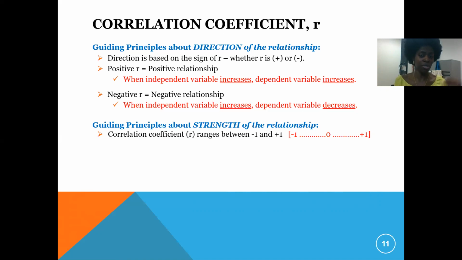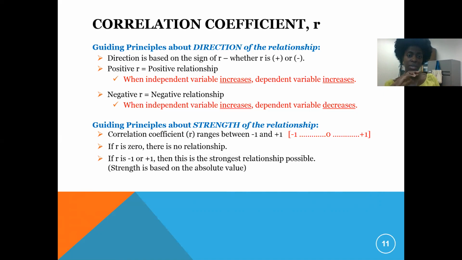No, zip, zilch, null, none. And those numbers could also be positive. But 0, as I said, no relationship. An R that's a +1 or a -1, an R that's a 1, period, has the strongest possible relationship.